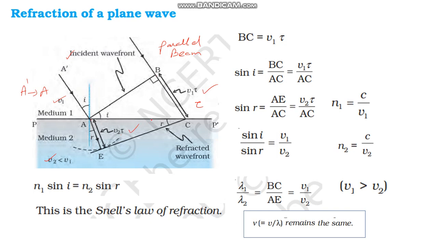Now if you take v2 tau as the radius and construct a sphere, you are going to get the refracted wavefront, and if you join all these tangents, you are going to get one here. You have to keep on considering another ray parallel to this, and construct a normal, like that.